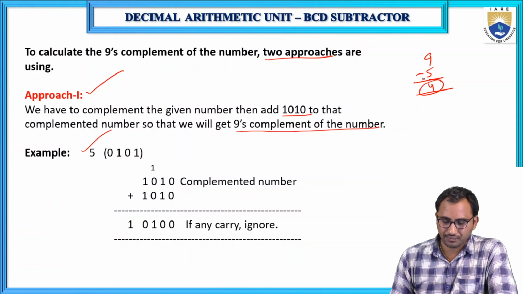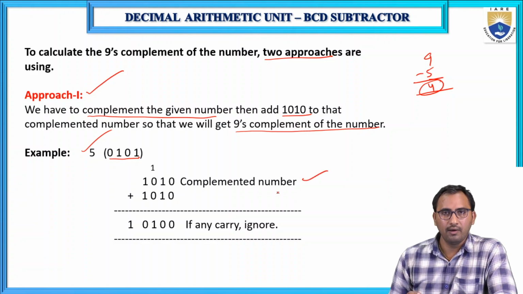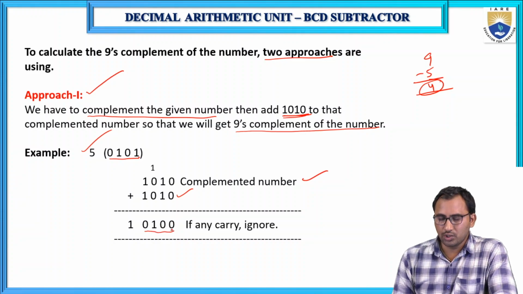Let's see. In this first approach, we have to complement the given number. What is the given number? 0101. We have to complement that first. After complementing, we will get 1010. To that number, we have to add 1010. So we will get 0100 along with the carry.